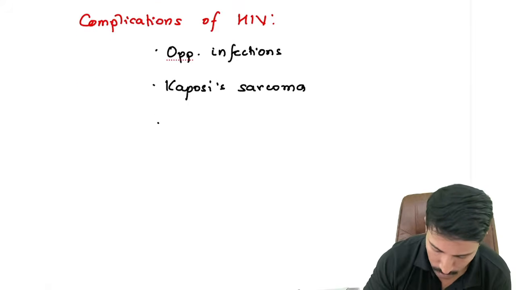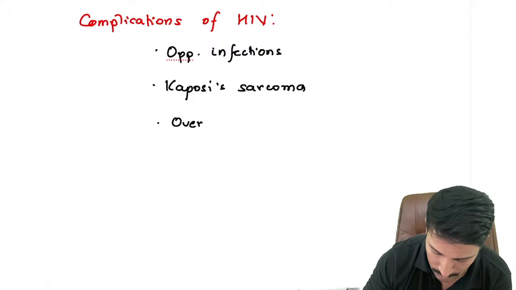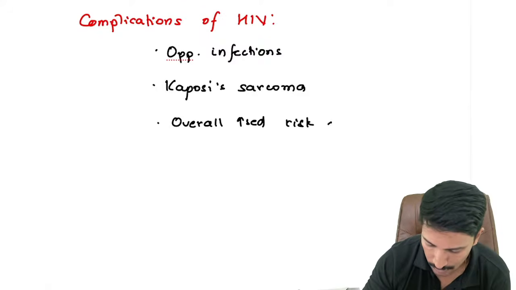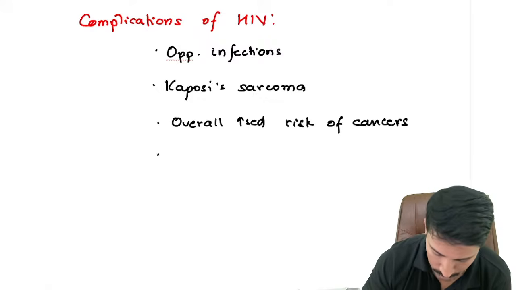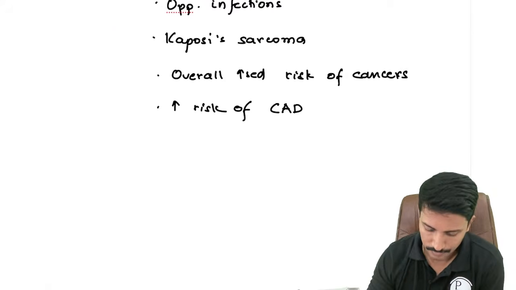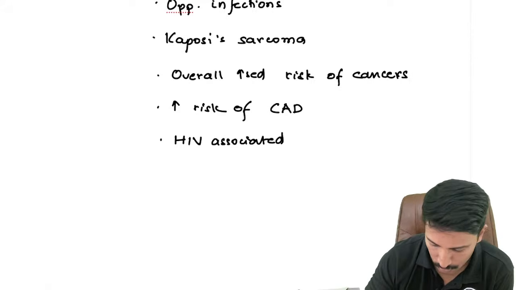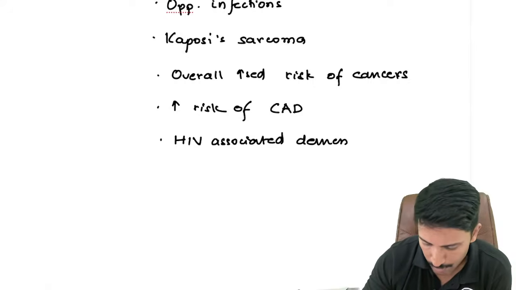Then there is overall increased risk of cancers. HIV is also associated with increased risk of coronary artery disease or ischemic heart disease. And then HIV causes what is called HIV associated dementia.